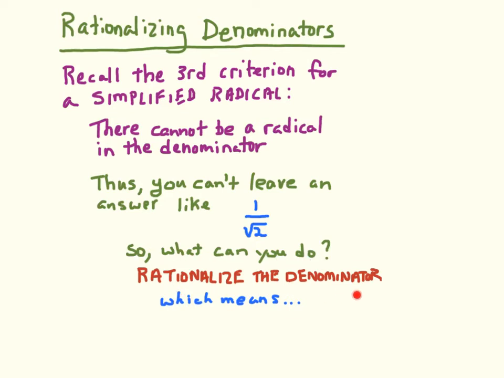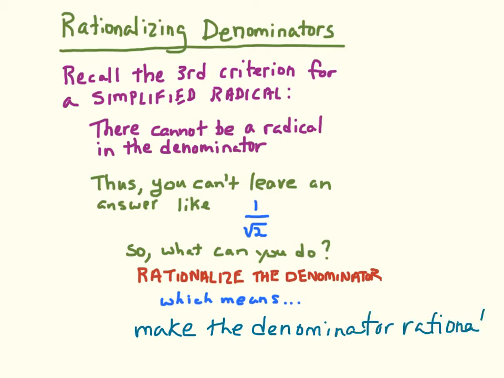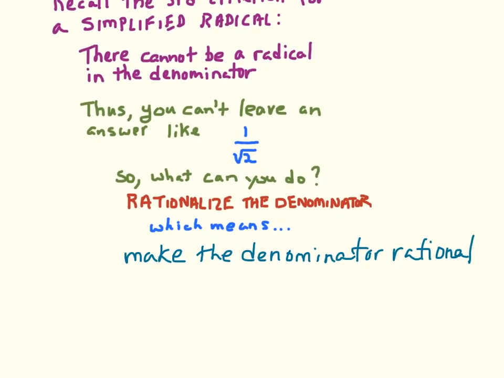Well, we can do what's called rationalize the denominator, which means we can make the denominator rational, and that's what we're trying to do. And there's a technique we'll use to do that. And make it rational, there'd no longer be a square root in the denominator, or a cube root, whatever the case may be.